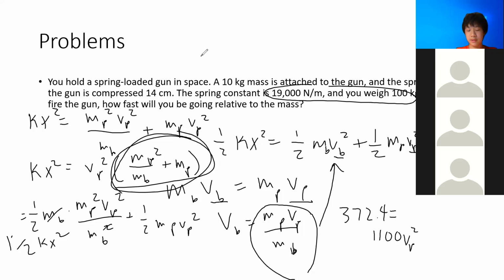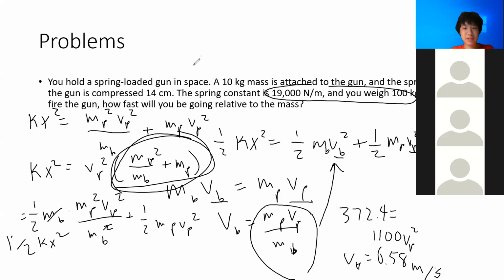VP squared equals 372.4 over 1100. So now we just need to divide and take the square root. The velocity of the person is equal to 0.58 meters per second. So now what's the speed of you relative to the mass? We need to find the speed of the mass, then we add those two velocities together.